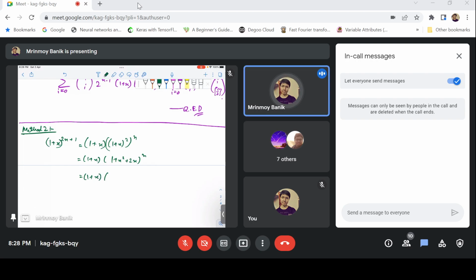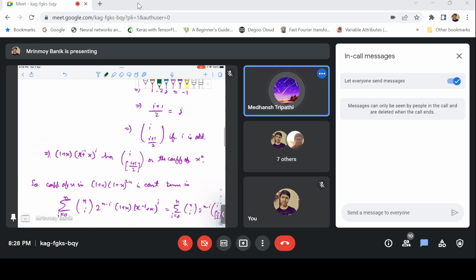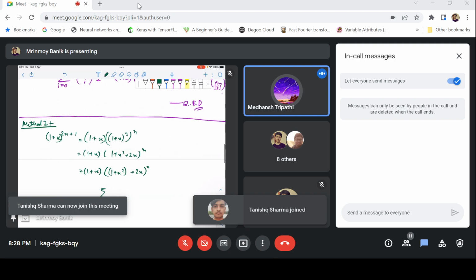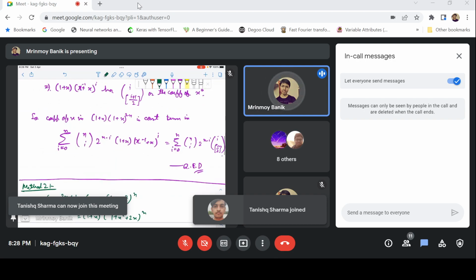Then we can expand this 1 plus x square plus 2x to the power n binomially, taking 2x as one thing and 1 plus x square as the second. When j is even, this works, and when j is odd, then that works. So overall it is the coefficient of x to the power n in this expression. Yeah, basically that's what I did.